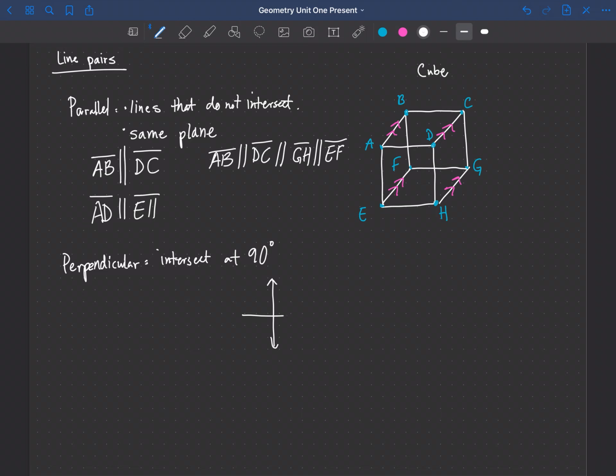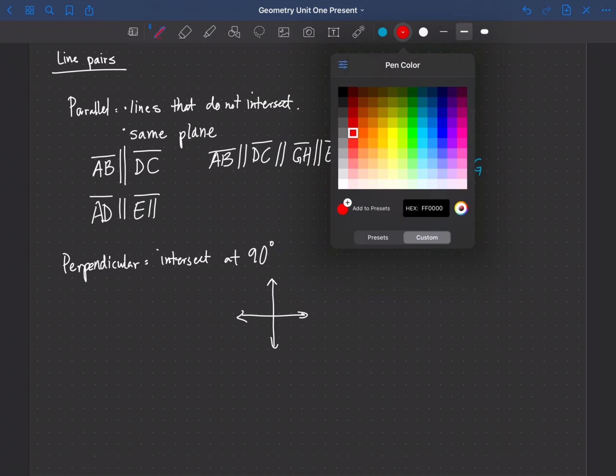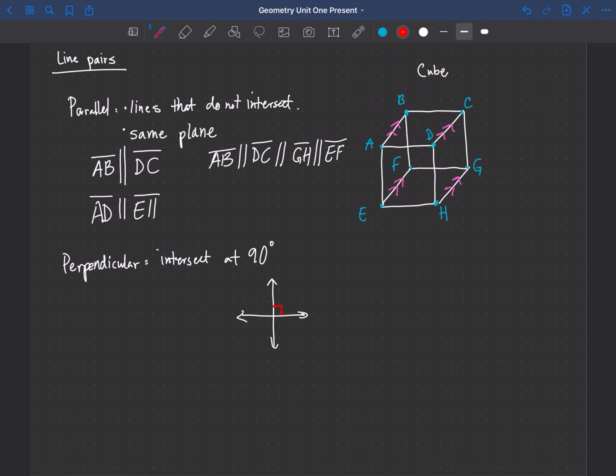On a diagram, you can tell if it's a 90 degree angle if we have a red box right at the intersection. So this would indicate that it is 90 degrees.